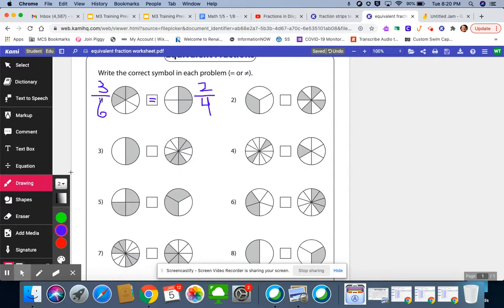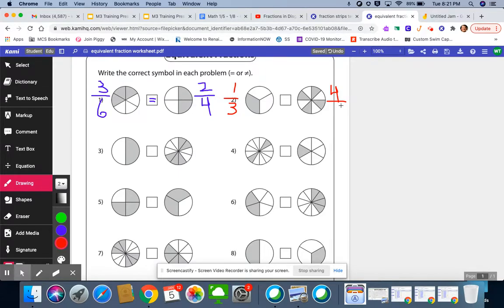Let's look at this next one. We have 1 shaded, so that's my top number. And the bottom number is the total pieces, which is 3. So I have 1/3, and then this one I have 4 shaded, and a total of 1, 2, 3, 4, 5, 6, 7, 8.